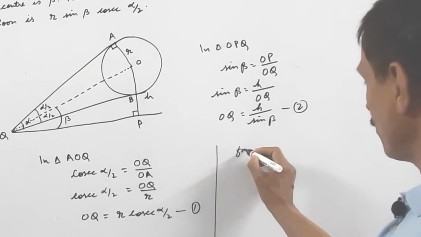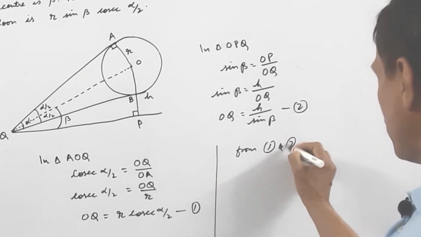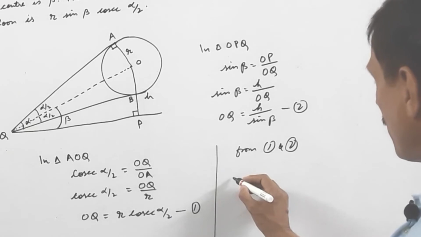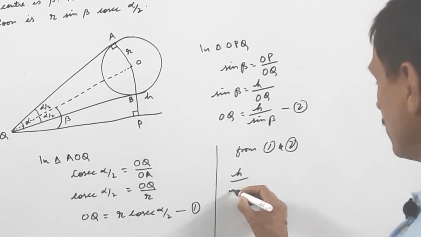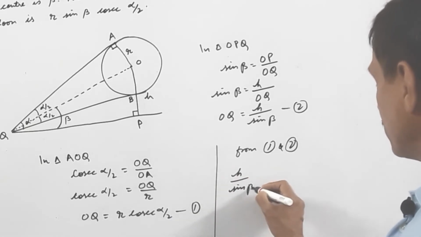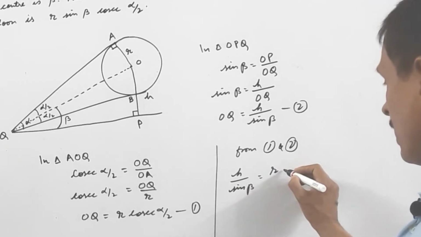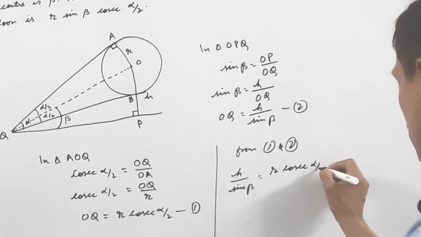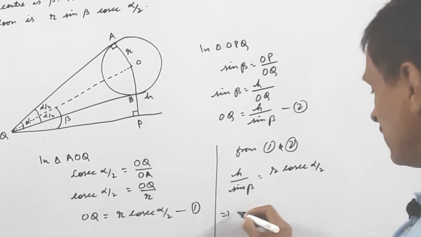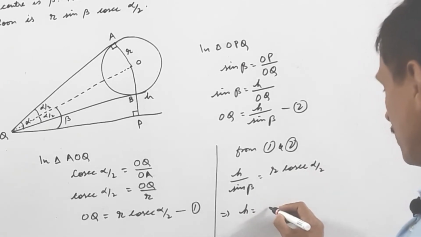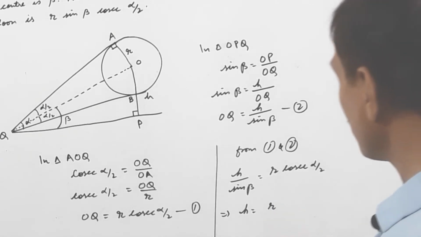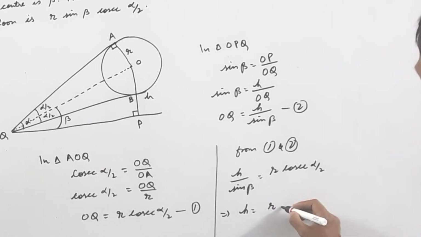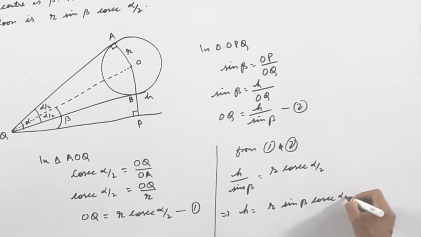So from 1 and 2, h upon sin beta is equal to r cosec alpha by 2, which implies h is equal to r sin beta cosec alpha by 2. Hence, it is proved.